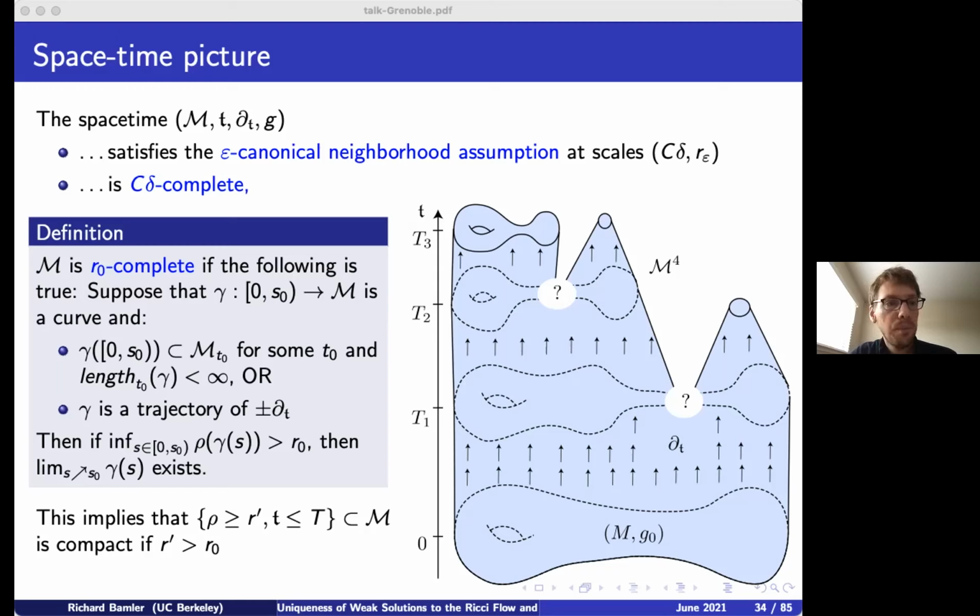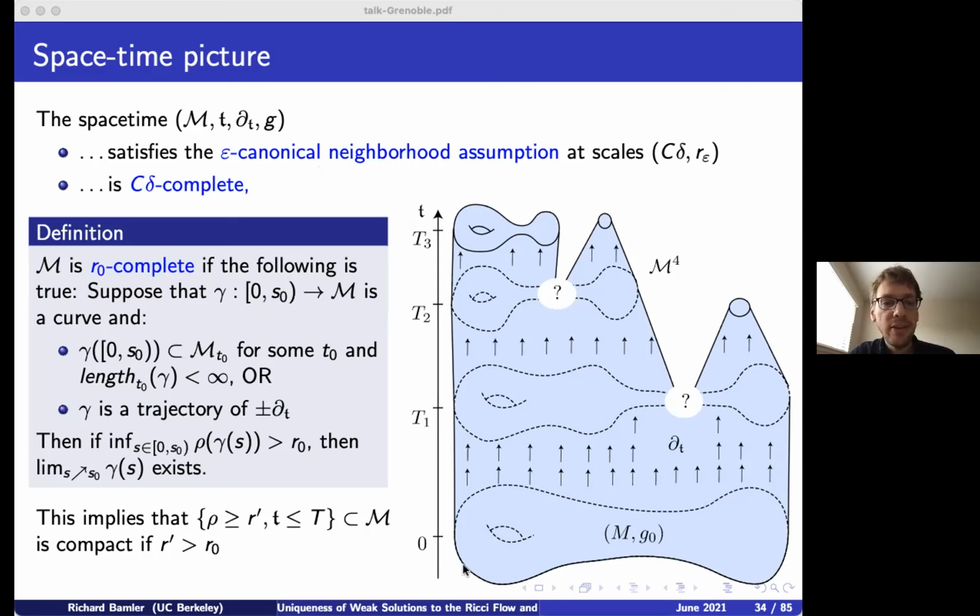Okay, so to recap, we first constructed a Ricci flow with surgery, and then we converted this Ricci flow with surgery into a spacetime that had these two conditions. I haven't done very much. I've just changed from one picture to the other. I could also go backwards if that was necessary.